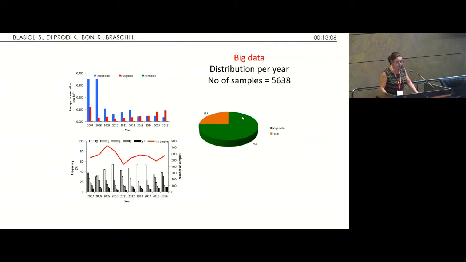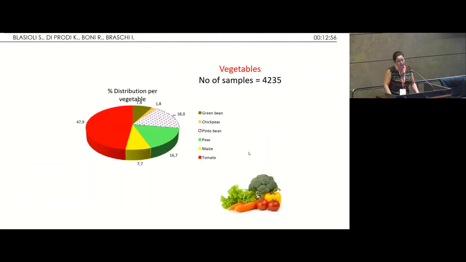This is the composition of our big data: one quarter made of fruit samples and the remaining, biggest part, of vegetables. Talking about vegetables, the number of samples considered was 4,000, and 450 of them were tomato samples.